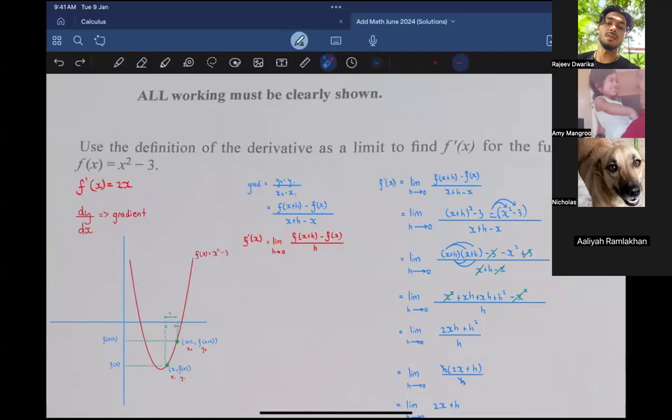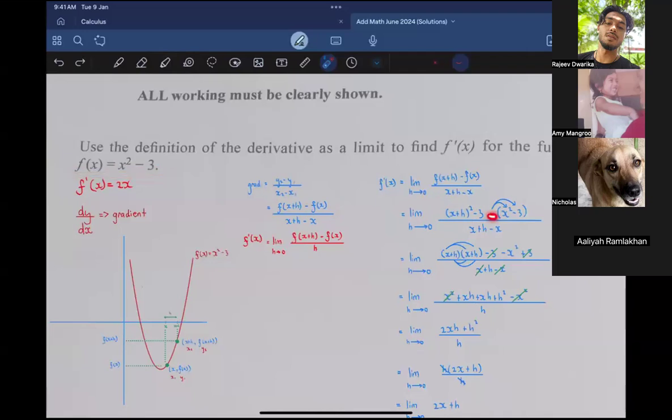Look at what's inside the bracket: x plus h. So anywhere I see x, I'm going to write x plus h. My function is x squared, so I wrote x plus h squared. And then it was minus f of x. So I wrote x plus h squared minus 3, because that's f of x plus h.